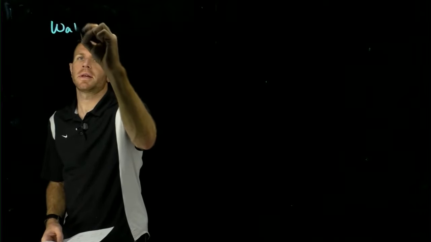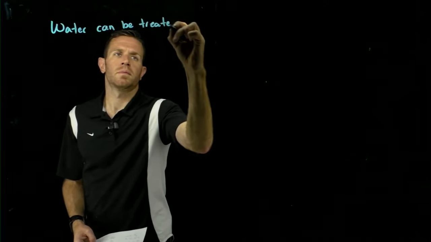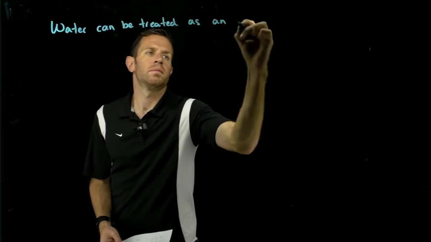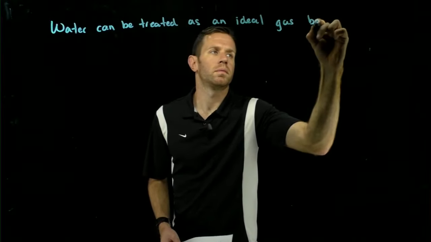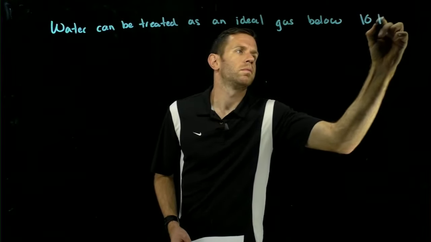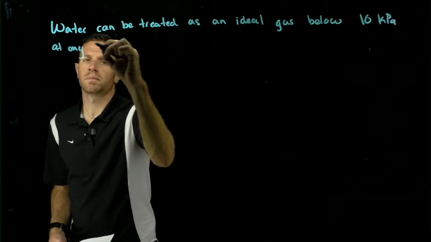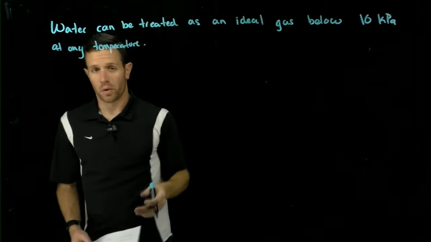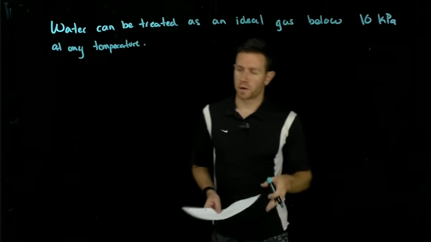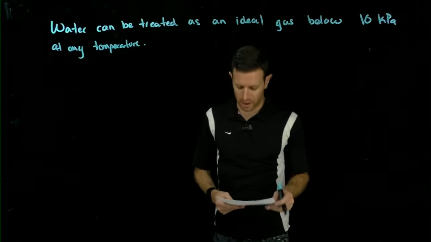In fact, water vapor can be treated as an ideal gas below 10 kilopascals. We rarely get to deal with water at such a low pressure, but in any case, that shows you the applicability of the ideal gas equation of state.